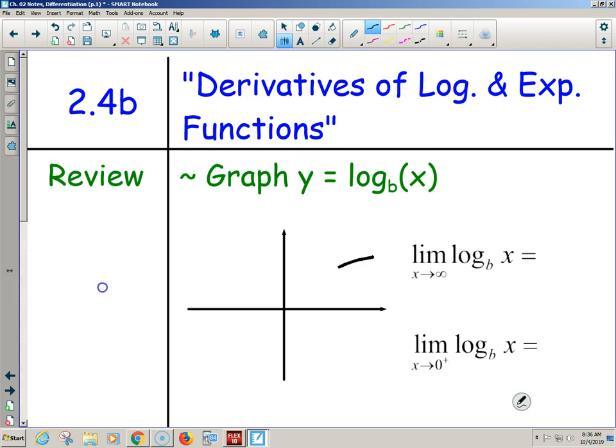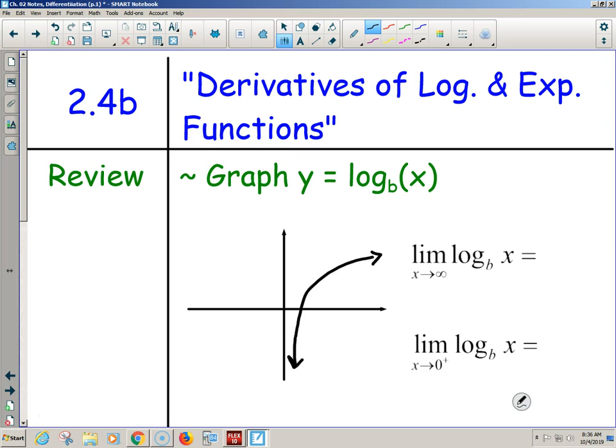Why do I have a graph? Because I want you to remember how logs work. Hey guys, you realize I know this is log base b of x, but couldn't it be log base b of u? Yes. And if it was like x minus 2, wouldn't there be some shifting to occur?